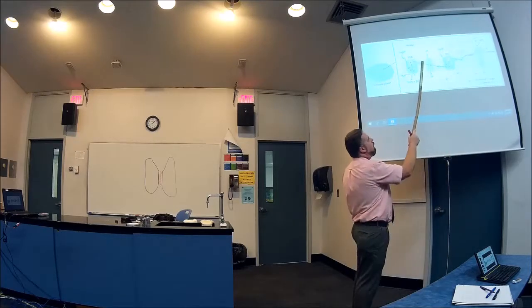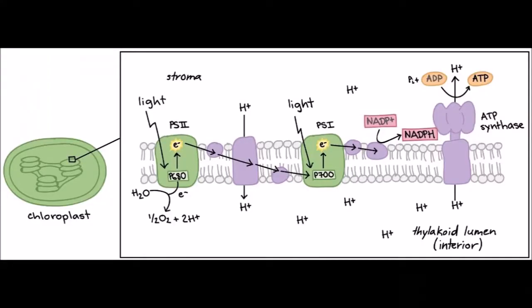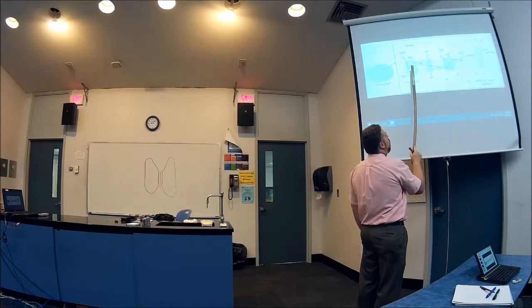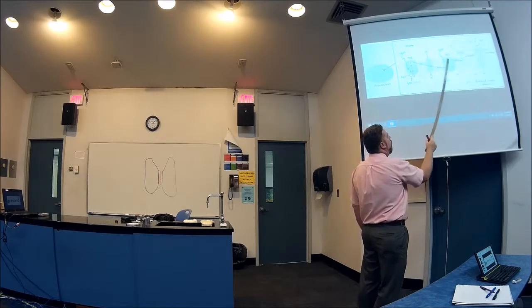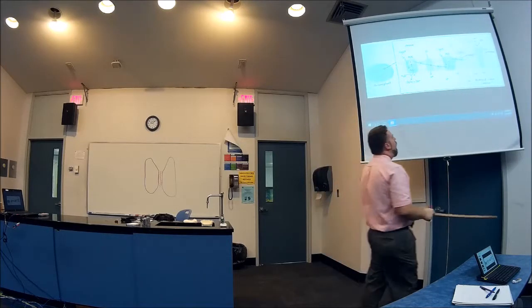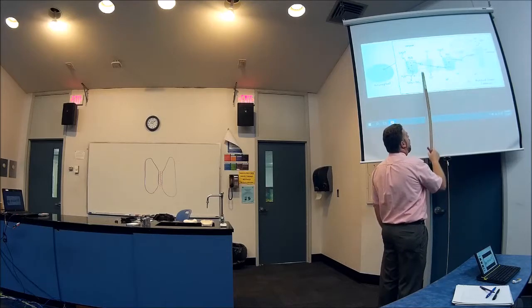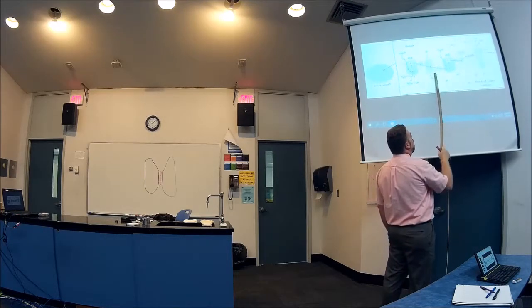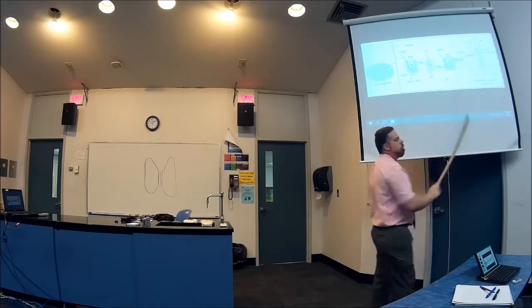It's a phospholipid bilayer. In there, you're going to have two photosystems, photosystem 2 and photosystem 1. We also have two sets of electron transports. One will be here, and one will be here.